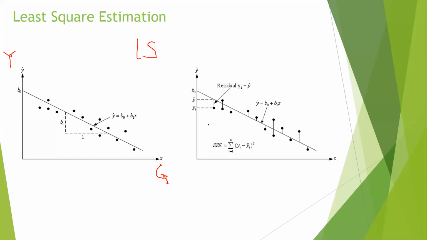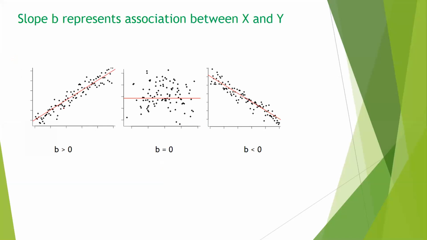So, least square estimation. Now when you get your estimation of beta, what is B1 here? It is the slope, right? Any questions? Okay. So what kind of slope can indicate the evidence of association between a locus and the phenotype?